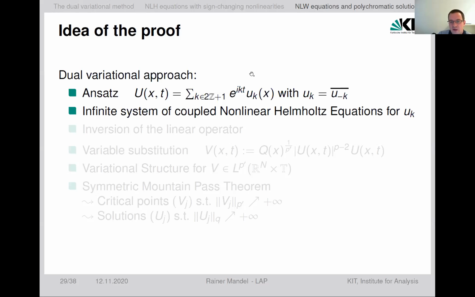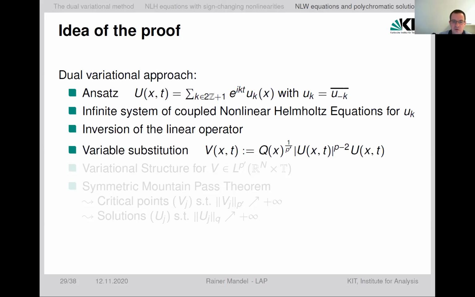Then you derive from this an infinite system of coupled nonlinear Helmholtz equations. So for each mode, so for each of these U_k, you get a nonlinear Helmholtz equation. This one you solve again by some inversion of the linear operator. So here you see this is the dual variational method which comes into the game. You perform some variable substitution, which is essentially the same as before.